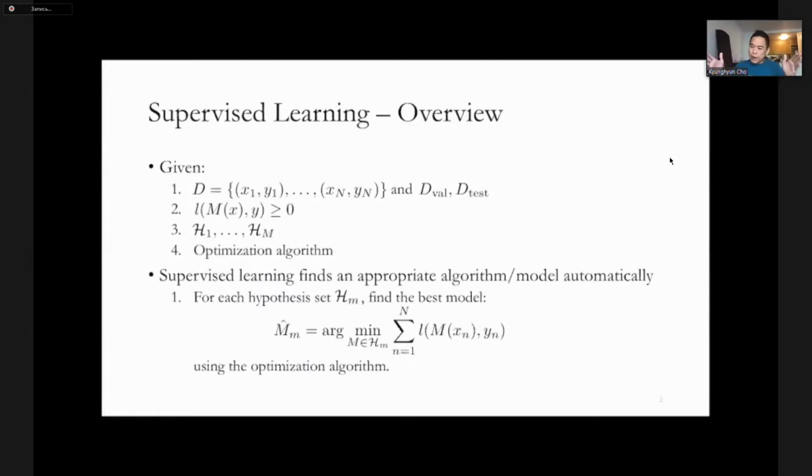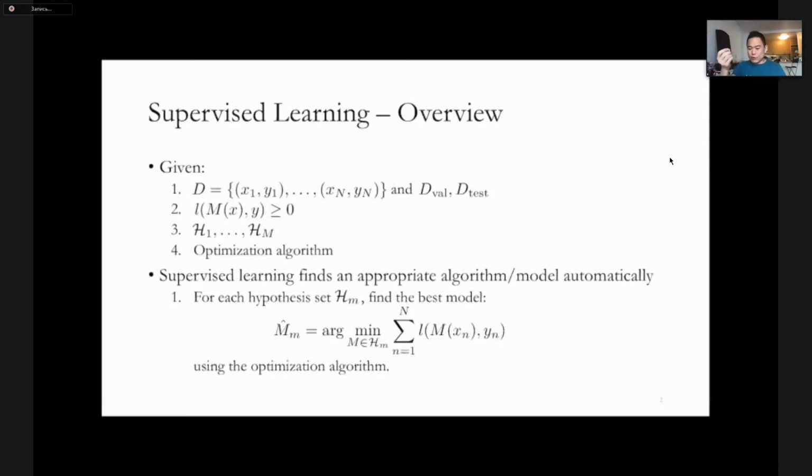We have a set of hypothesis sets that I'm going to talk about briefly in a minute. And then we're either given or we have a choice of the optimization algorithm. Once we have that, the goal of supervised learning is to find an appropriate algorithm or model that's going to minimize the sum of all these loss functions.